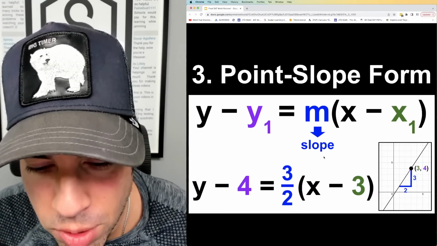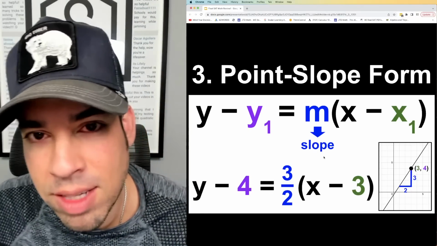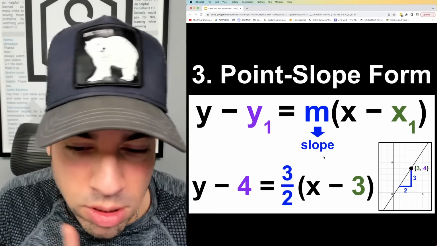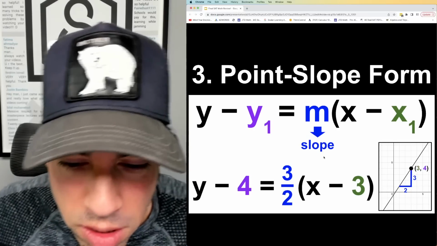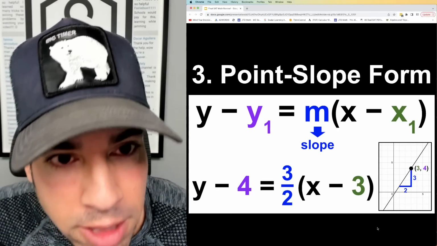Going down 3 and to the left 2 is the same as going up 3 and to the right 2, because we'd still land on that line.